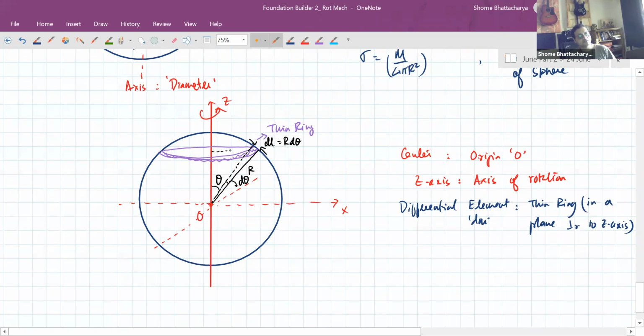And the radius of the ring itself is capital R sine theta. So this thin ring is of radius R sine theta in my diagram, and of thickness R d theta. So its area is circumference into thickness.